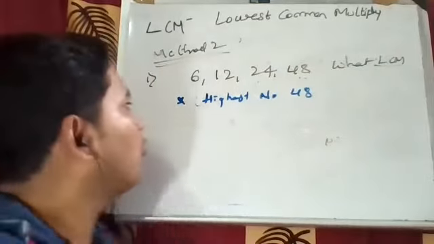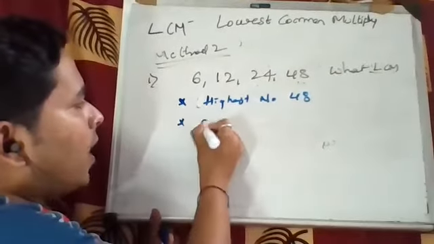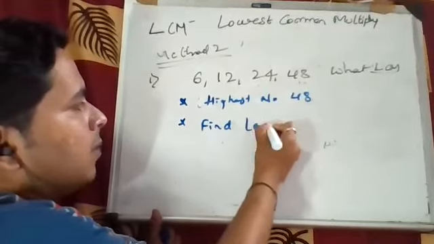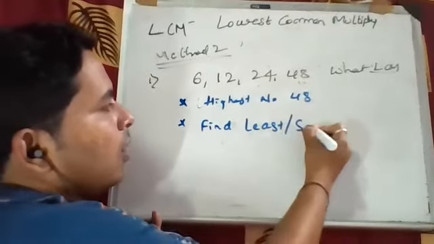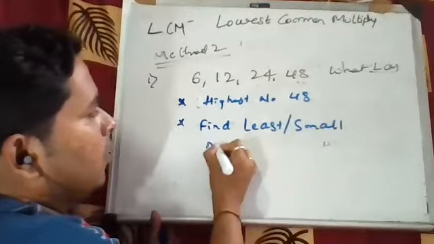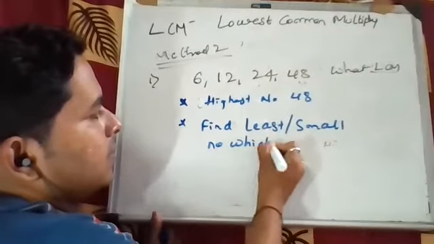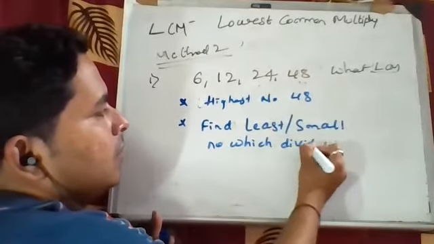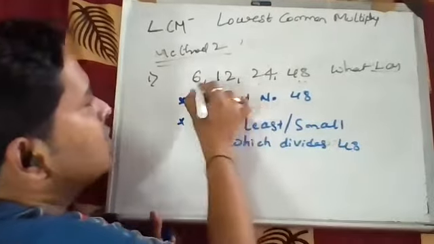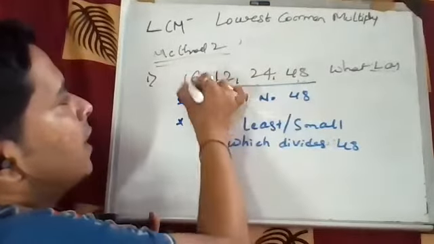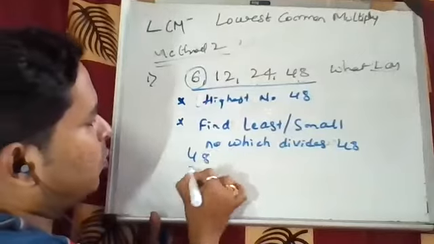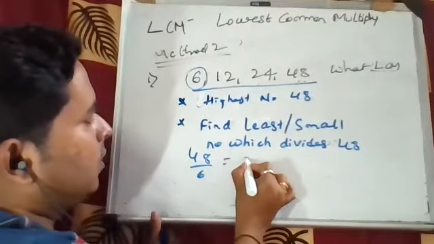So find the least number or a small number which divides 48. So which of these is the smallest number that divides 48? 6 is. So 6 is the smallest number which divides 48.